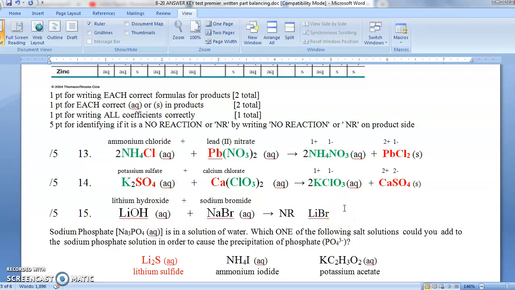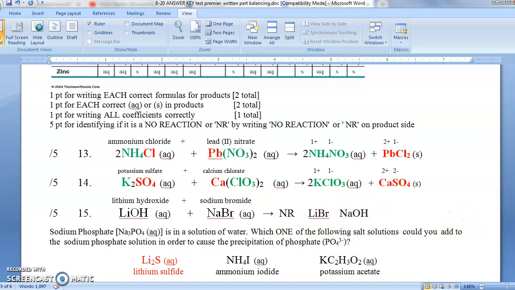So the sodium, Na, will end up with the OH. Again, they're all 1. So LiBr, cross a 1 and a 1 minus. Sodium's 1 plus, crisscross with the OH.